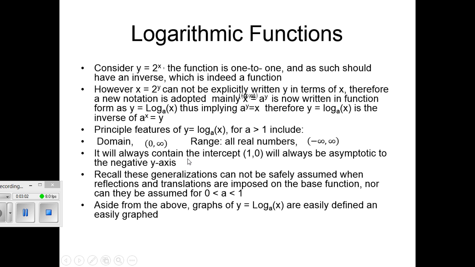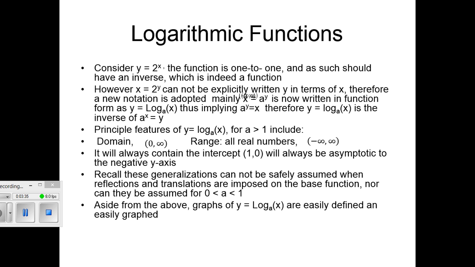Since our exponential functions all contain the y-intercept of 1, our logarithmic functions should all contain the x-intercept of 1. And since the exponential functions were asymptotic to the negative x-axis, our logarithmic functions will be asymptotic to the negative y-axis.